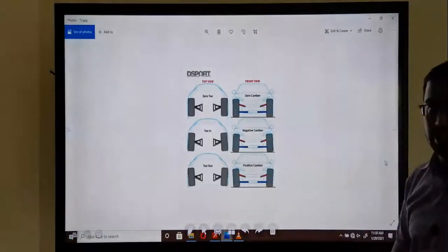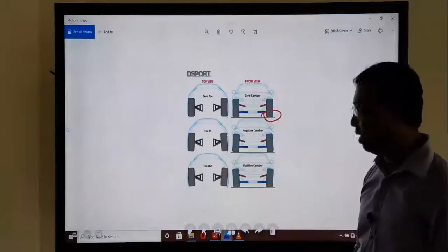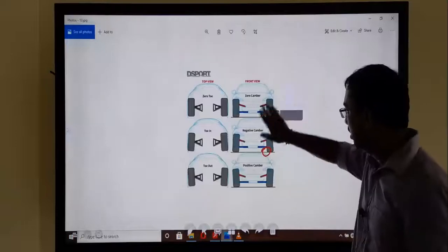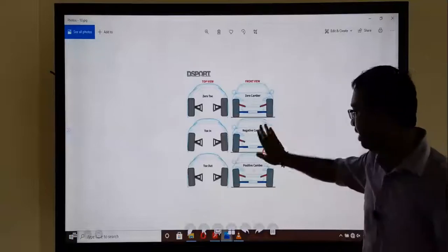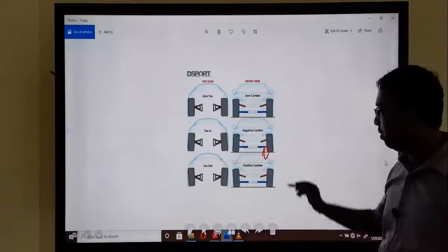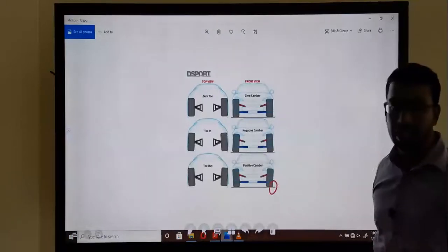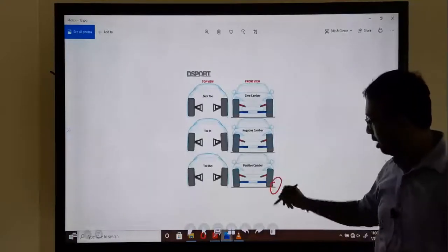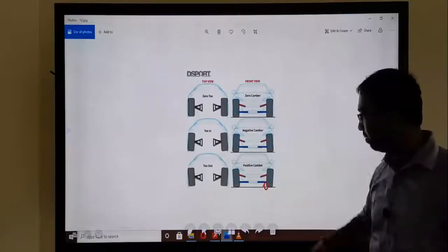That means this time, the tire normally wears out equally, but what happened? The contact area between the tire and surface is here. So this inner edge of the tire is more worn out than the outer edge. Here the outer edge of the tire surface is worn out more than the inner surface.